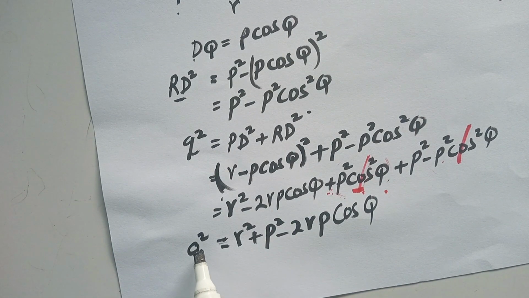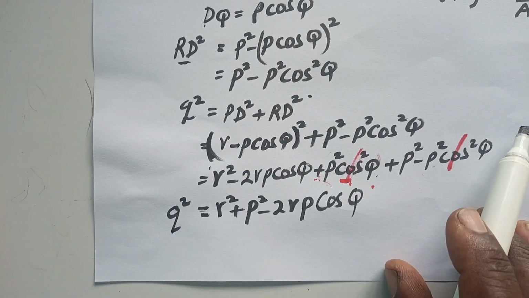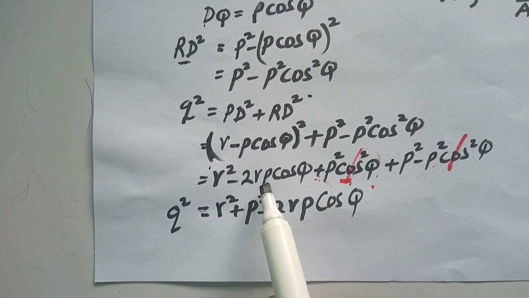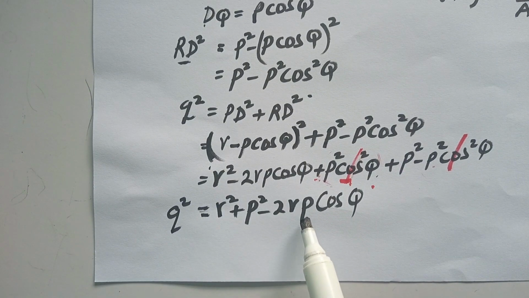So our Q squared is the same as R squared plus P squared minus 2RP cos Q. So we have generated the cosine rule.